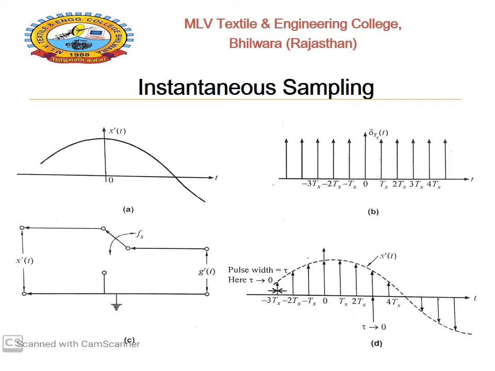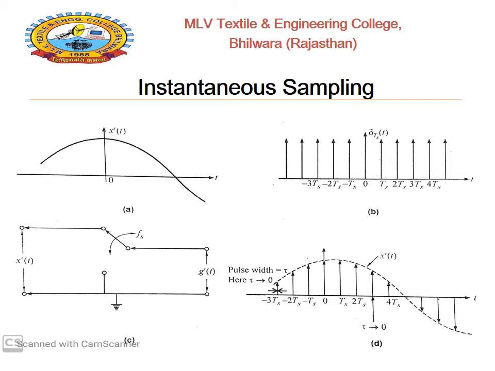a circuit of a switch where the input side is x dash of t and the output is g dash of t. X dash of t is a continuous time signal, g dash of t is a sampled form of x dash of t, and the middle term represents a switch where at a particular instant the switch may be connected to the upper side or to the lower side.